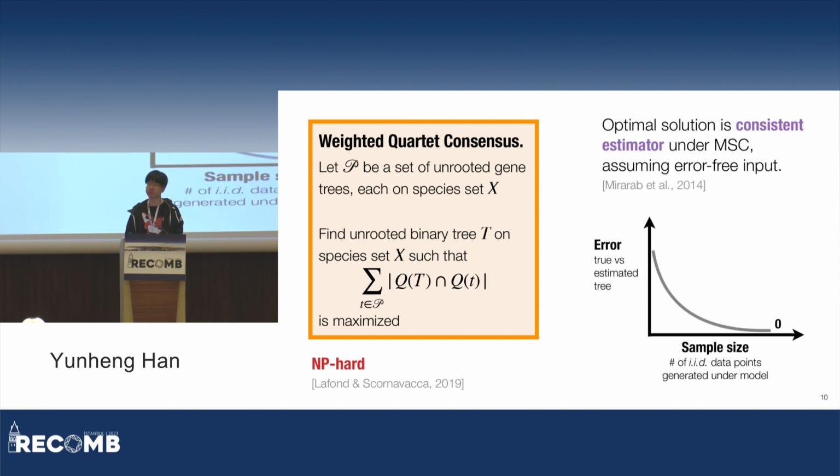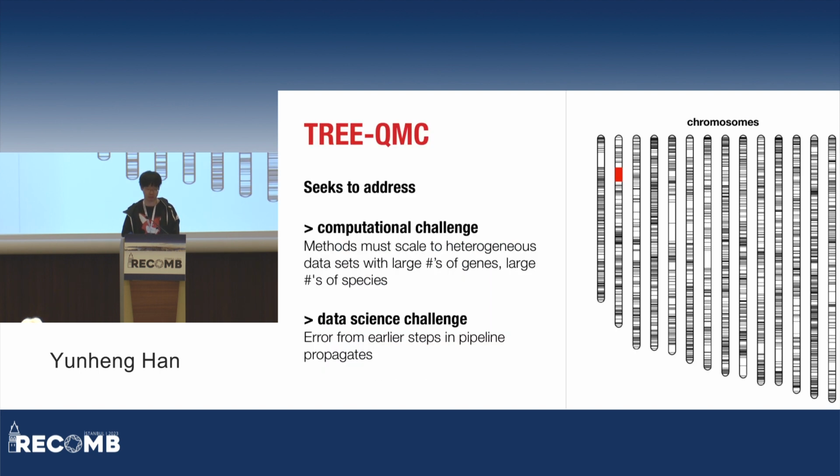Weighted quartet consensus is good because the optimal solution to this problem, if there are no errors in the input, is a consistent estimator under the MSC model. That is, the error goes to 0 with high probability as we feed more data into the method. However, this problem is NP-hard, so many heuristics have been developed to solve it.